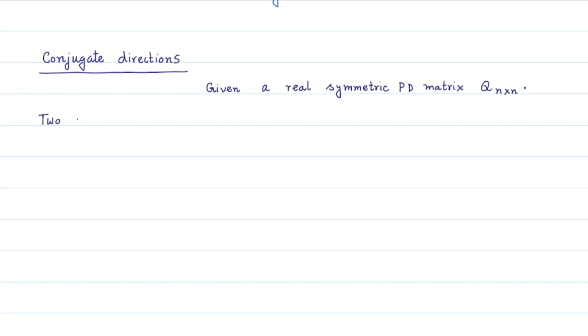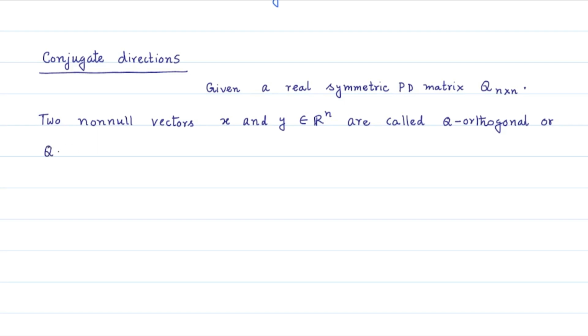Corresponding to this matrix Q, two non-null vectors x and y in the n-dimensional Euclidean space R^n are called Q orthogonal or Q conjugate if the vector x is perpendicular to the vector Qy, that is, x transpose Qy is equal to 0.